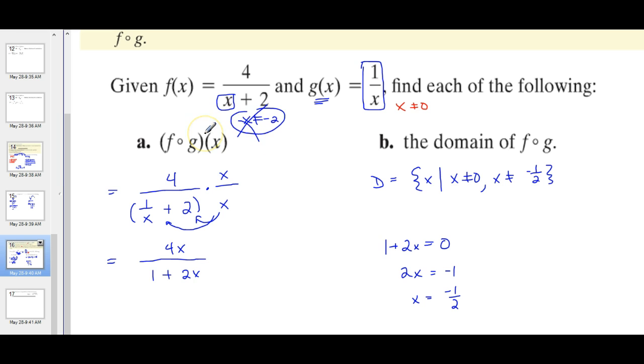So that's what we mean. The restrictions of F are not important because the inputs into F are not the X's. The inputs into F are the outputs of this function. So this function has to act on them first before they go in there. So the restrictions are going to be determined by the outputs of G.